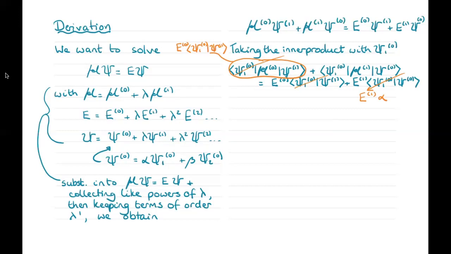Then we can write out our psi 0 as alpha psi 1 of 0 and beta psi 2 of 0, and we obtain the following: alpha psi 1 0, h1, psi 1 0, plus beta psi 1 0, h1, psi 2 0, is equal to alpha E1.